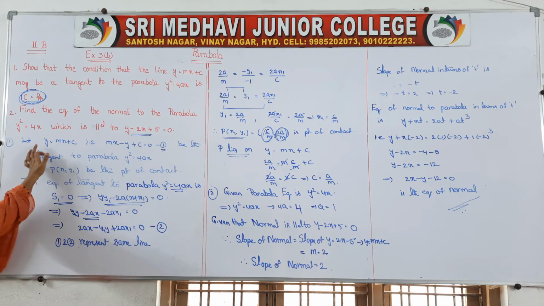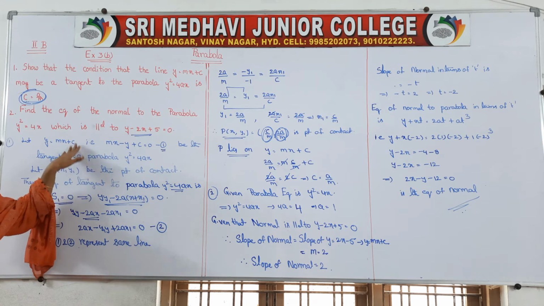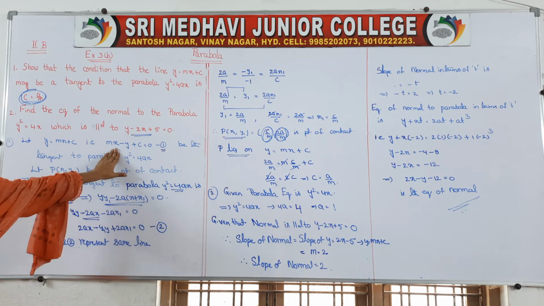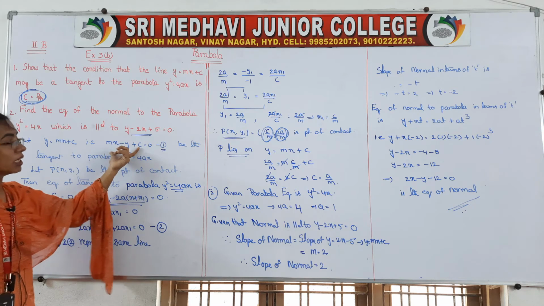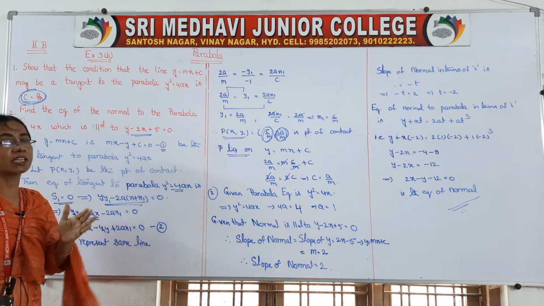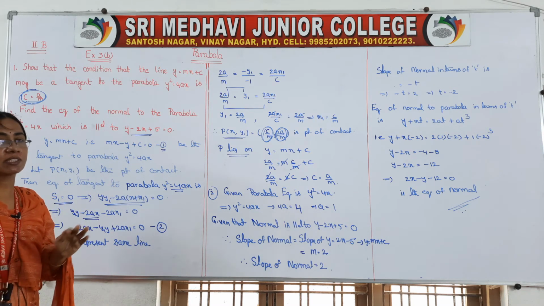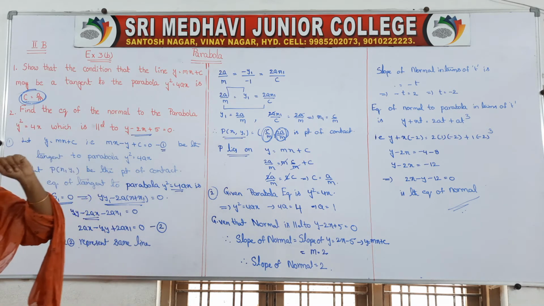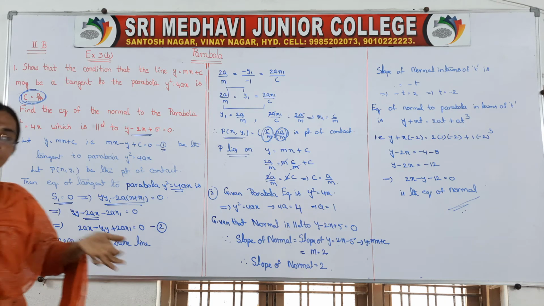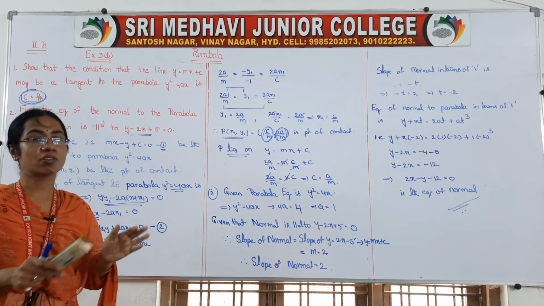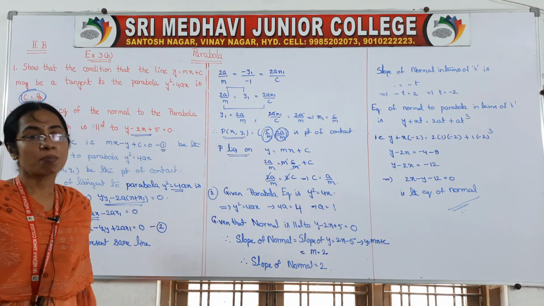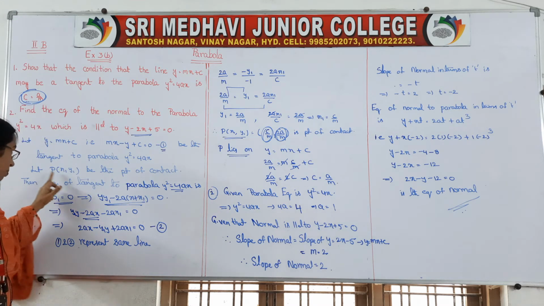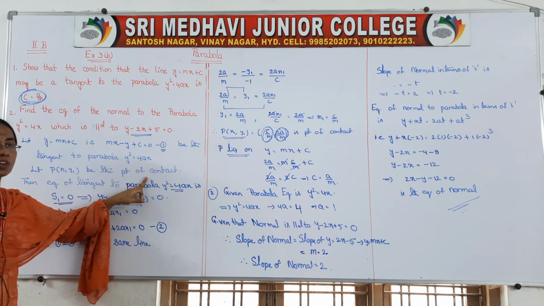First consider the given tangent and try to write it in line form, which means the general line equation form ax plus by plus c is equal to 0. Then take the point of contact. A tangent means the line touches the curve at one point, so definitely a point of contact will be there. Let P(x1, y1) be the point of contact.